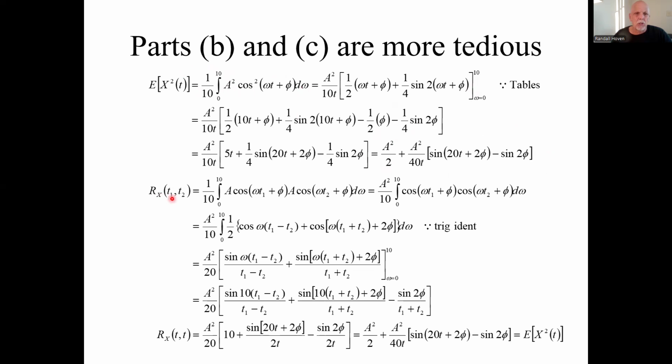Now, how about the autocorrelation function? Well, there we take what X is at two different slices of time. So you have this A cosine at t1, A cosine at t2, in with your PDF, which was just a constant of 1/10 from 0 to 10.